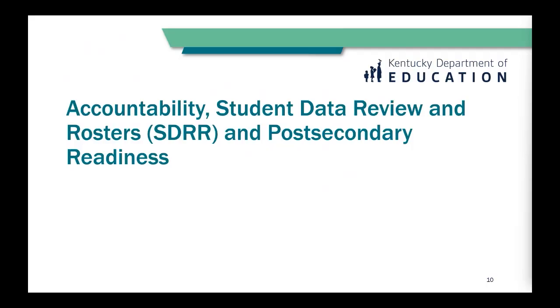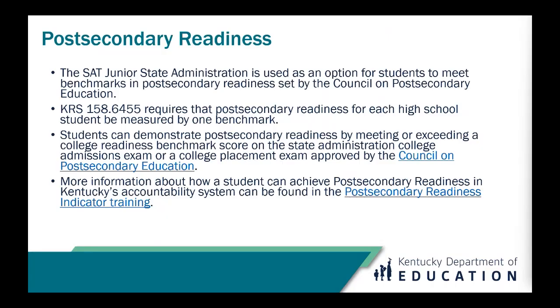Now we will discuss accountability, student data review and rosters, and post-secondary readiness. The SAT Junior State Administration is used as an option for students to meet benchmarks in post-secondary readiness set by the Council on Post-Secondary Education. KRS 158.6455 requires that post-secondary readiness for each high school student be measured by one benchmark.